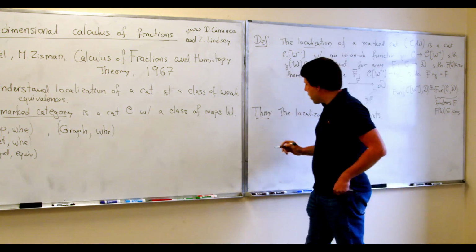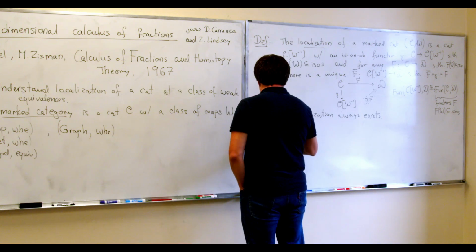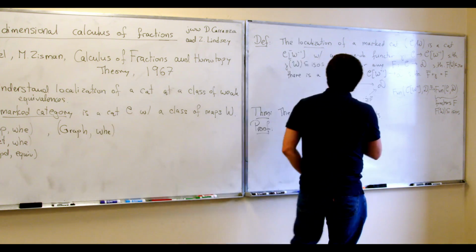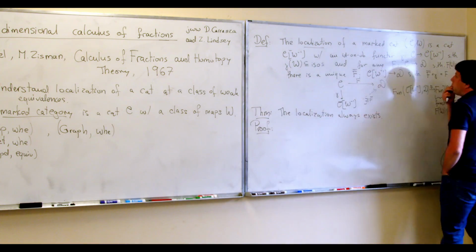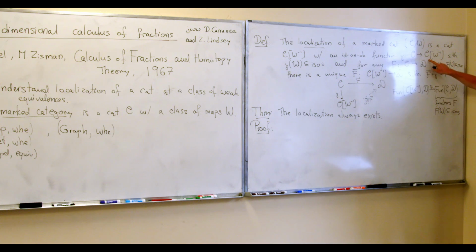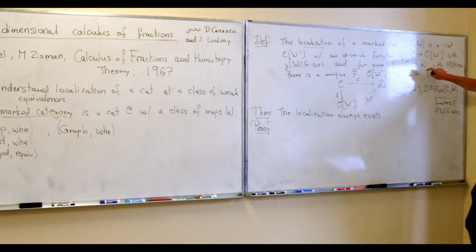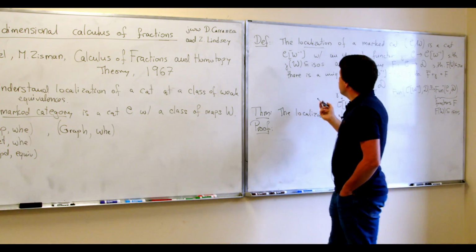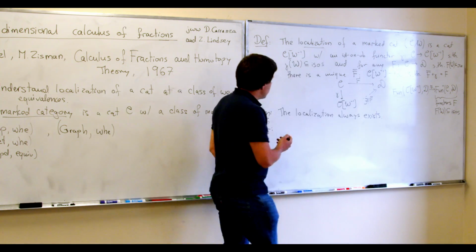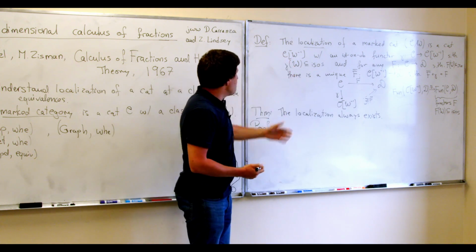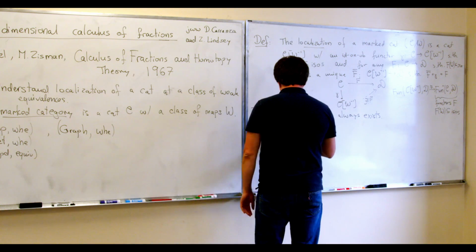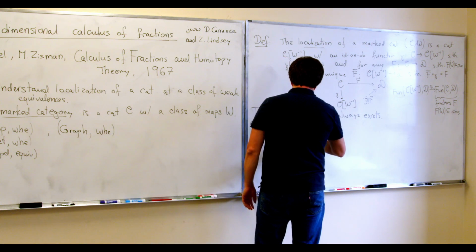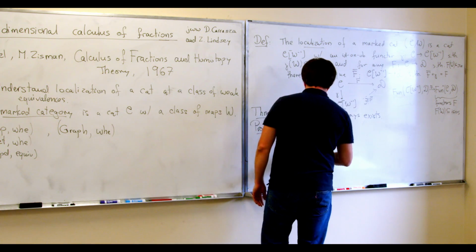So how can we prove that? We know what it has to be in some sense. We know that this functor is identity on objects. So what we're going to do is take C W inverse to have the same objects as C, and then we just need to declare what the morphisms are.